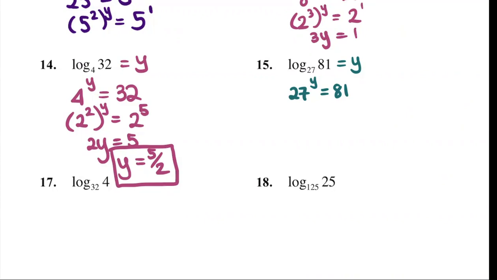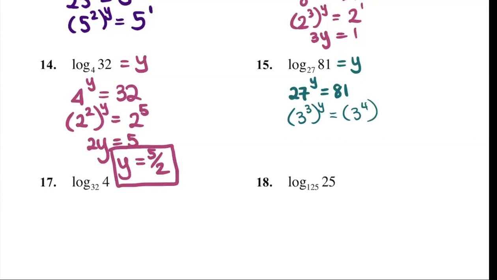So 3 maybe. Yeah, 3. Good. Okay, so 3 to what power? To the third power. Perfect. And 3 to what power would get me 81? 3 times 3... fourth power. Good. Okay, now what?